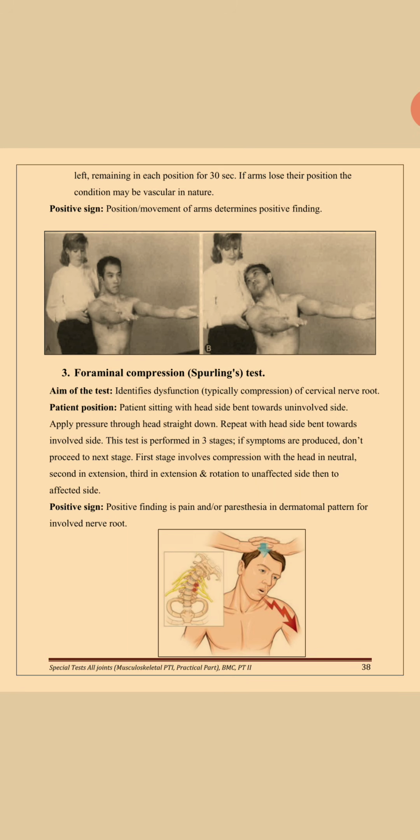If symptoms are produced, don't proceed to the next stage. The first stage involves compression with the head in neutral, second in extension, third in extension and rotation to the unaffected side, then to the affected side. Positive sign: pain and/or paresthesia in the dermatomal pattern for the nerve root involved.